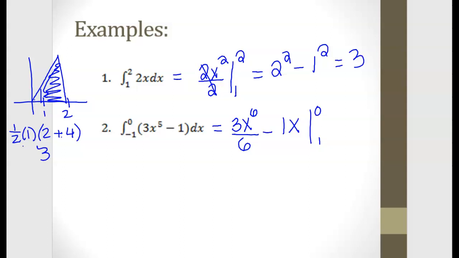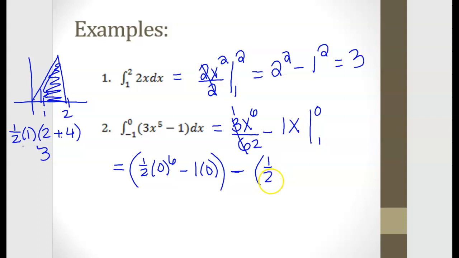So I'm going to take that 0 and plug it in. 3 divided by 6 is 1/2. So I have 1/2 times 0 to the 6th minus 1 times 0, minus, 1/2 times negative 1 to the 6th minus 1 times negative 1.